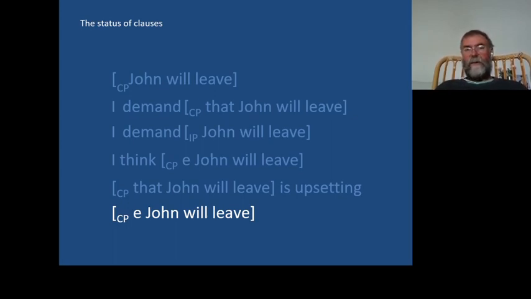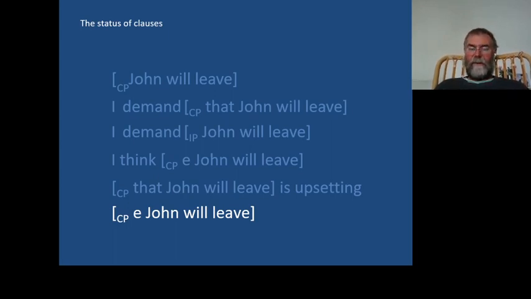Now, a clause like John will leave is clearly declarative, but we've seen there's no part of the IP that can determine whether or not something is declarative or interrogative. So the fact that John will leave is a declarative clause means that there must be a CP there. There's got to be something to determine that the clause is declarative.